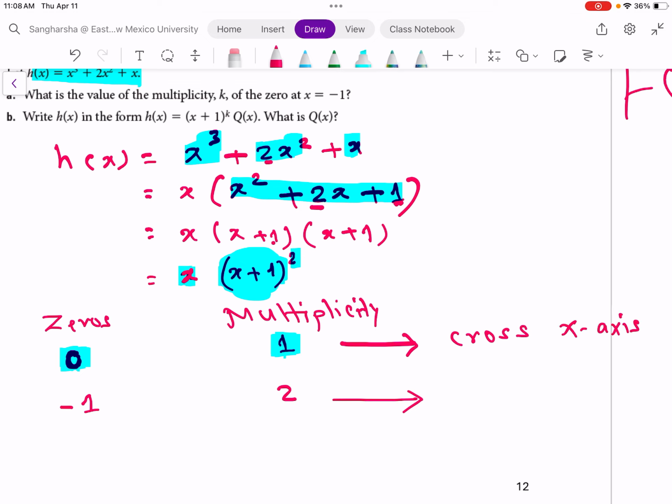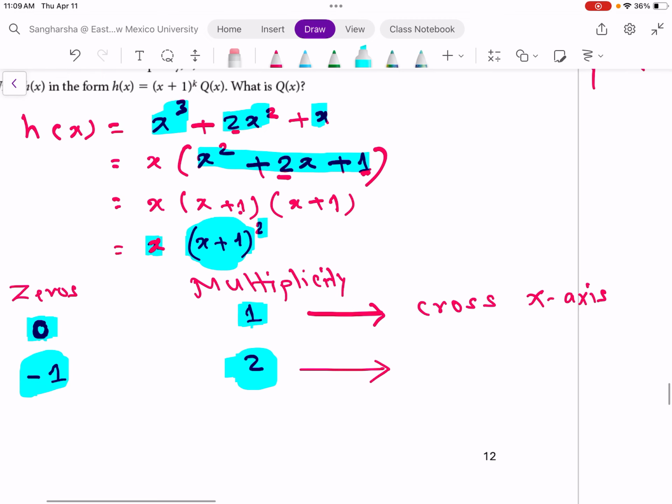Now here we have an even multiplicity at negative 1. So at negative 1 on the x-axis, we know the multiplicity is an even number. It means the graph touches the x-axis. It does not cross at negative 1, but it touches the x-axis. That's what we can tell from the multiplicity.